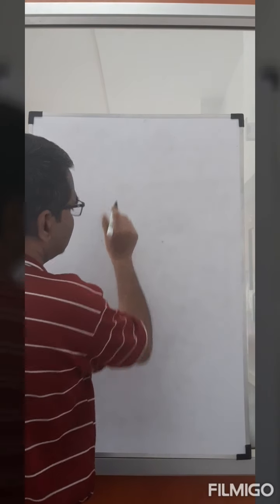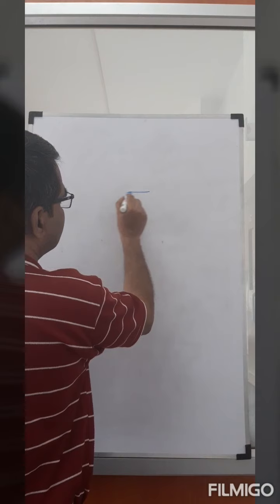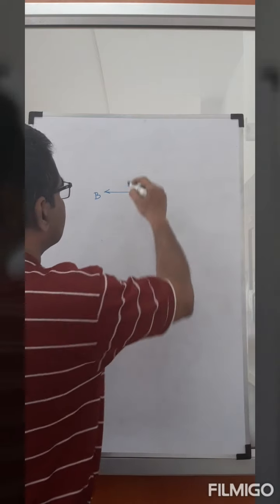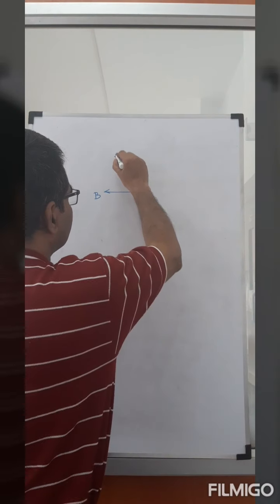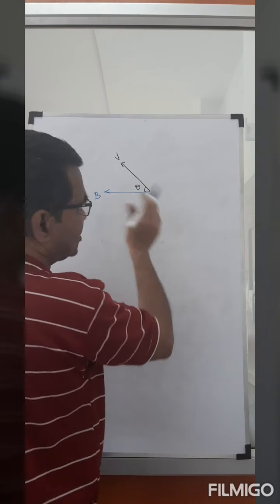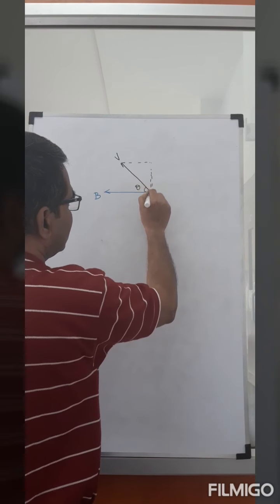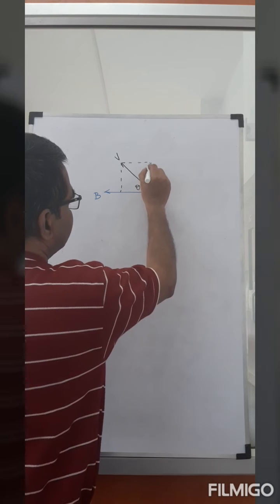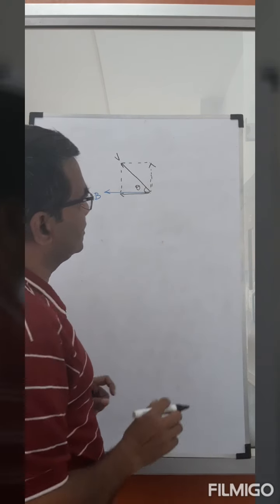So there is B again. Let's say there is B in this direction, and there is V in this direction. That's an angle theta which is not 90 degrees. So clearly I'll have two components: a vertical component and also a horizontal component.